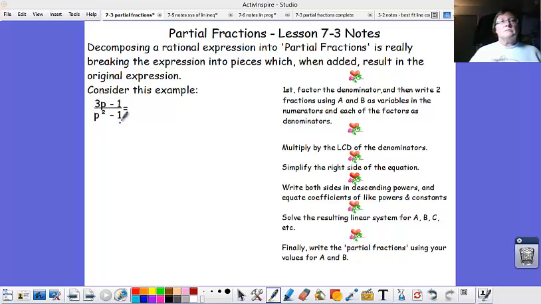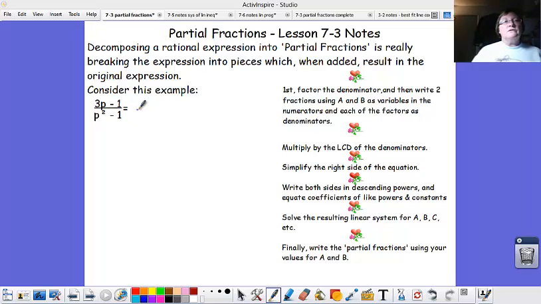We have the rational expression 3p minus 1 over p squared minus 1. And the first step in the process says that we should factor the denominator and write two fractions using A and B as variables in the numerator, because we won't know the numerators. We will, however, know the denominators because they will be the factors of this thing.